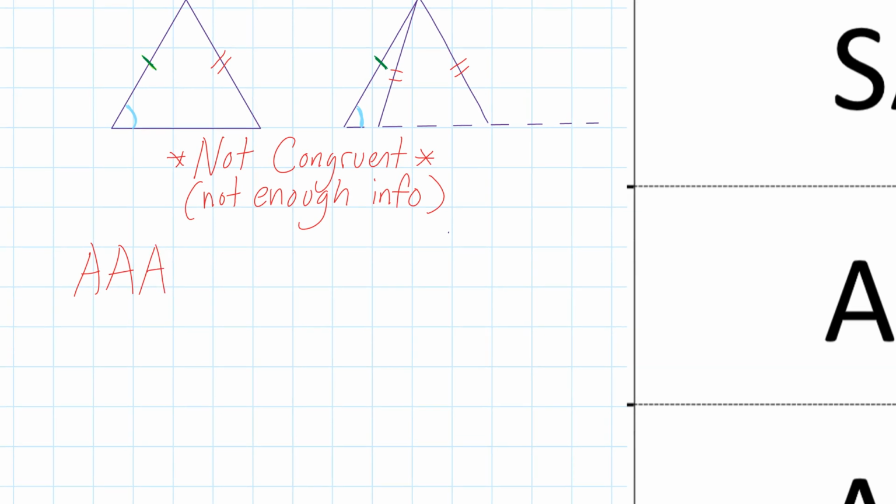It is a triangle, but it doesn't mean they're congruent. Now, are all triangles congruent? Nope. Can anyone think of why angle, angle, angle could not be congruent? Yes. Oh my gosh, I love that vocab, because you can dilate it.